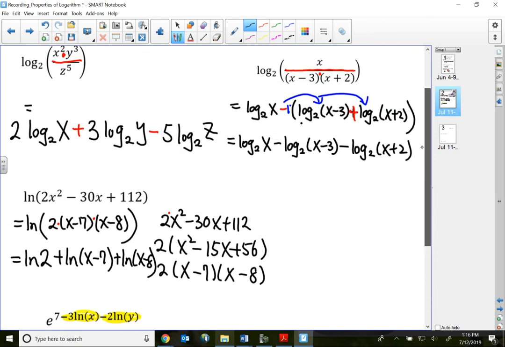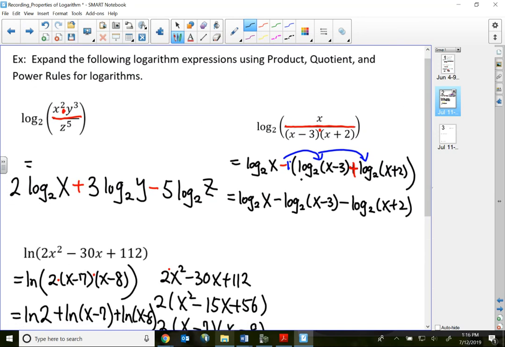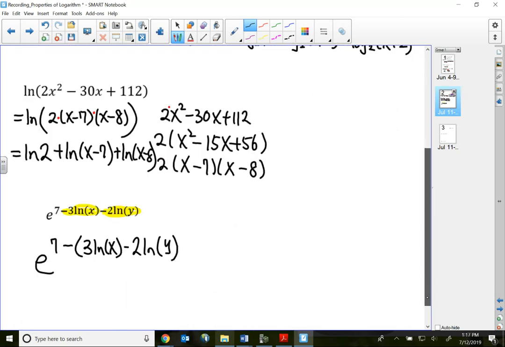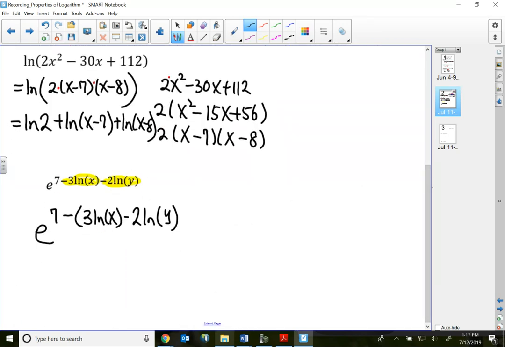So these three examples up here are expanding from one term to multiple terms. This example is taking multiple terms and putting them back in one. So remember the power rule. The power rule says that the exponent has to go to the front, becomes a product.